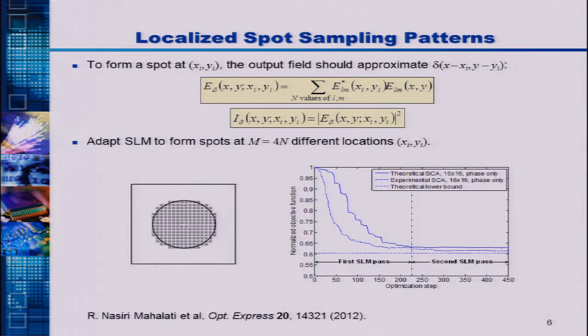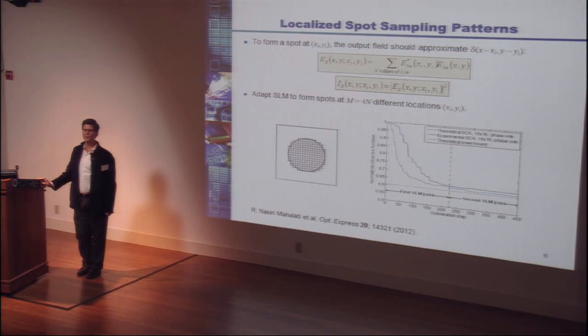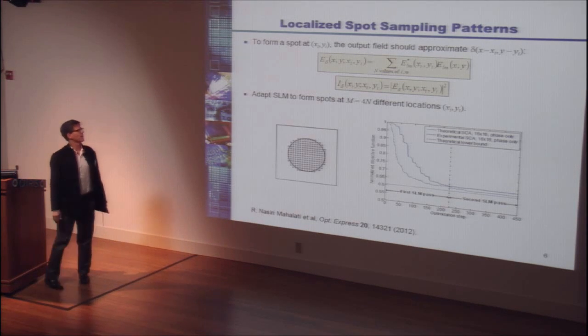And one interesting point is that if you want to form a spot of light at a position at coordinates xi and yi, then what you want to do is form a linear combination of the modes of the fiber, the E of x and y, and each mode should be weighted by the sample of the mode pattern at the point where you want to form the spot with a complex conjugate. So that's something you learn in quantum mechanics, how to express a function in terms of a basis set. That's just an example of that.